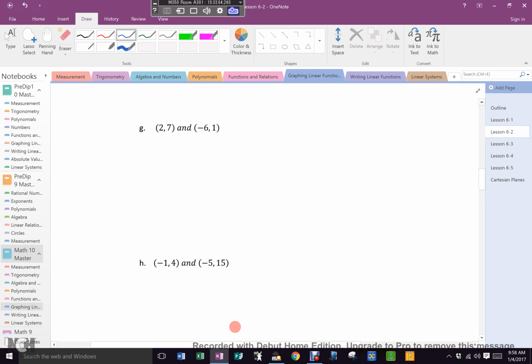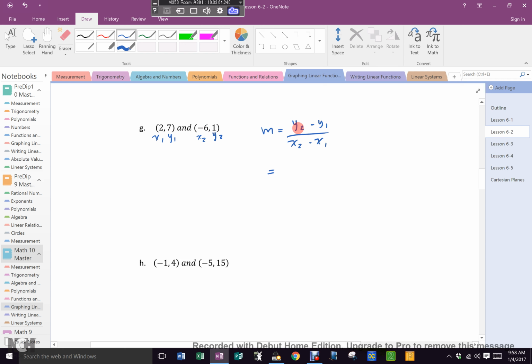Right? Okay. You have no graph, so you can't count it, can you? So you got to use algebra. I'm going to make that y2, which makes that x2. y1, x1. Slope equals y2 minus y1 over x2 minus x1.